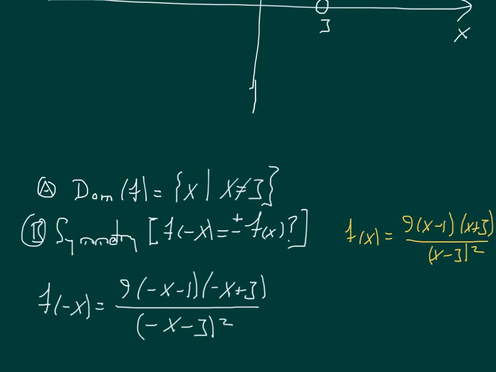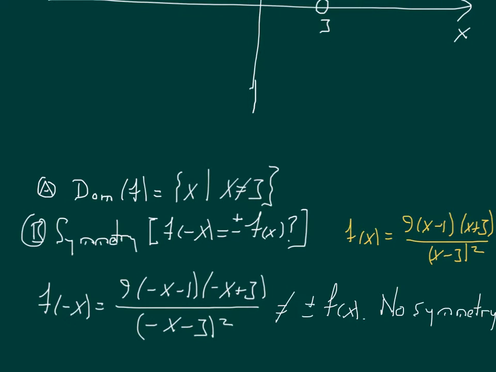So we can write that this is not equal to plus or minus f of x, so that means there's no symmetry. So the graph of this function is not going to look the same on either side of the y-axis as it would if it were even, or opposite on either side of the y-axis as it would if it were odd.